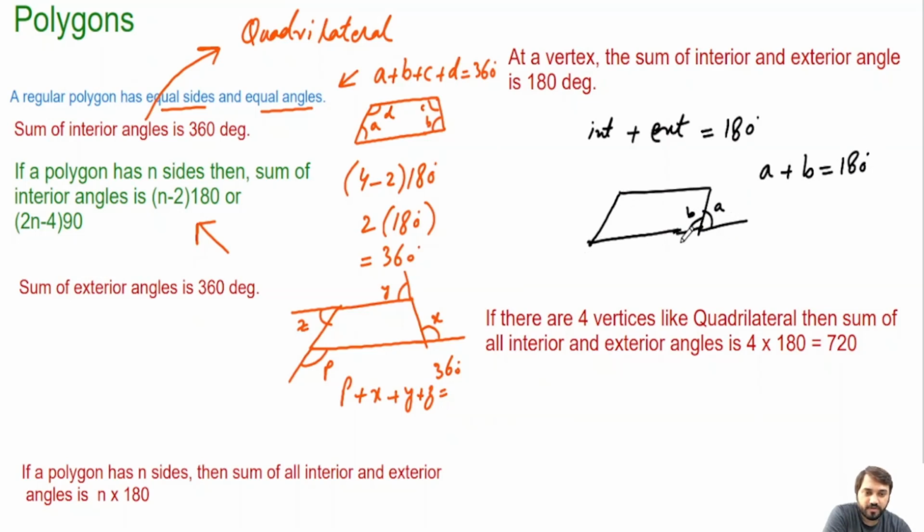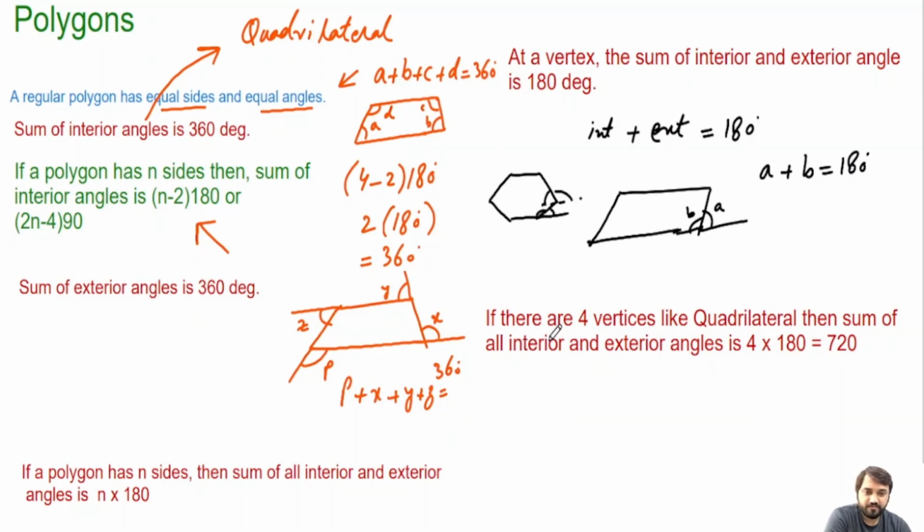We have 4 vertices, 1 2 3 4. This rule is applied on any polygon. If you have a pentagon, hexagon, octagon, then this is the same for everyone. External and internal, similar case.